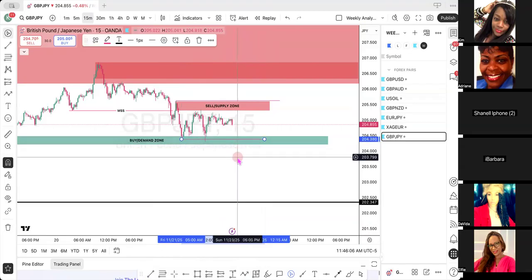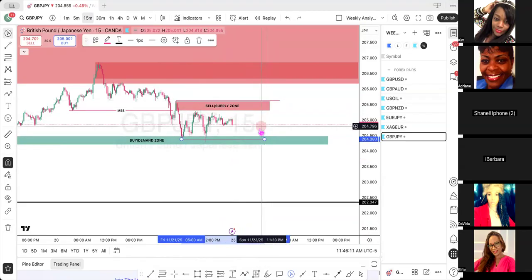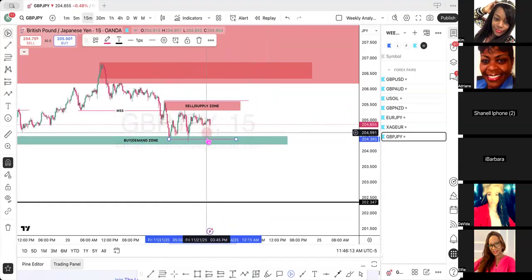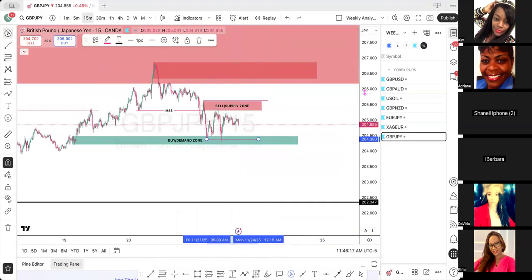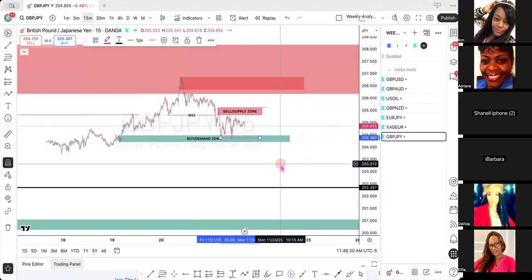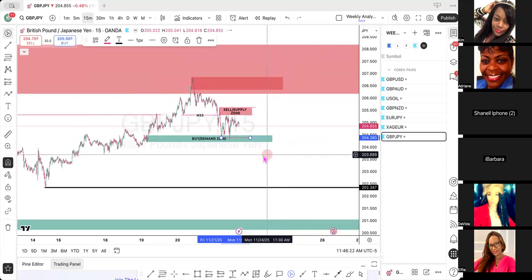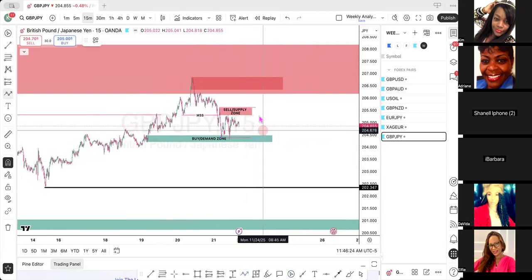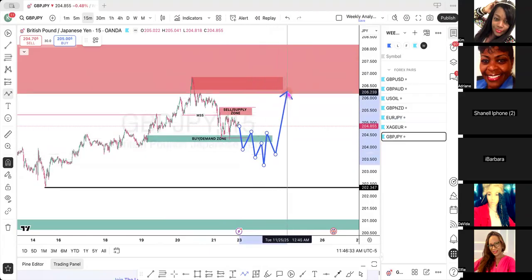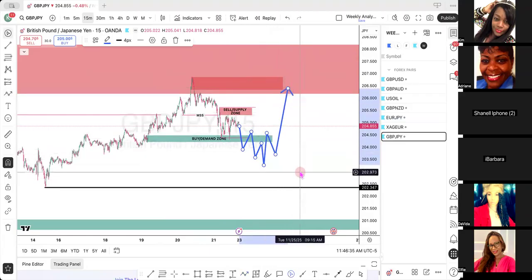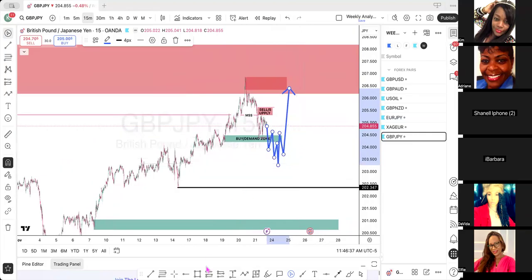Price is either going to break this low and then shift structure back to the upside, or it's going to break this low, pull back, and keep hitting the supply zones until you see a shift. It's either going to keep pushing down, breaking structure until you see a shift. Then you can buy it back up to this zone to then look for the sell.